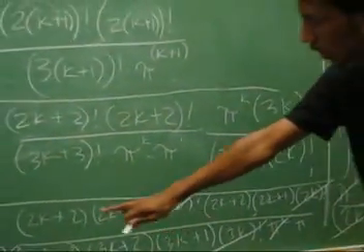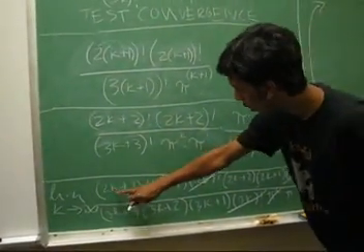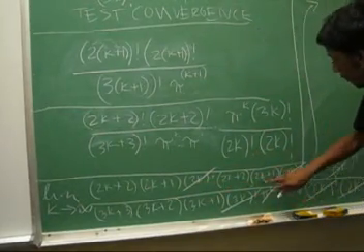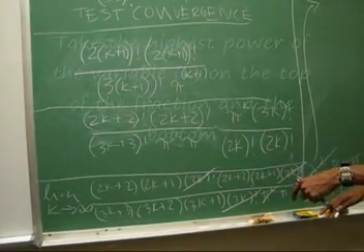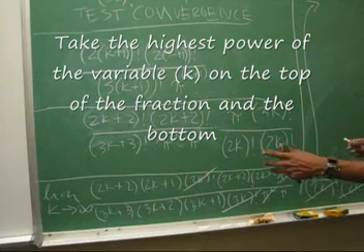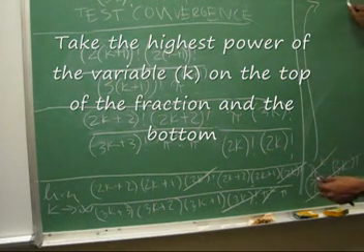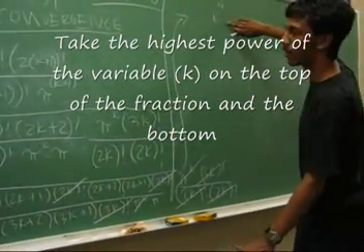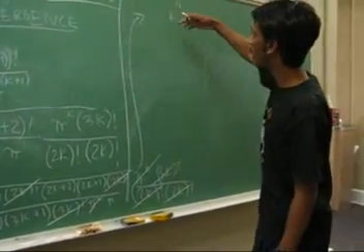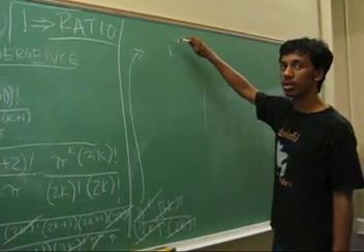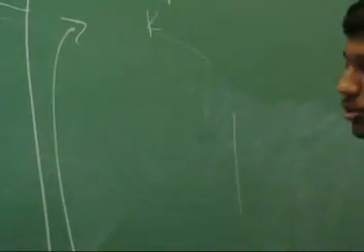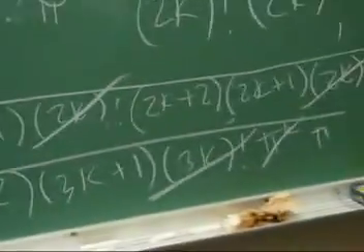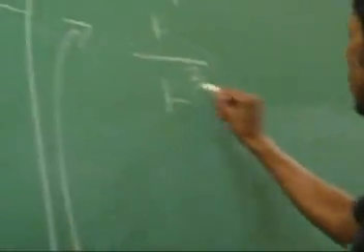Let's look at the k's: 1, 2, 3, 4. If you multiply all of them and factor it out, you will get k to the 4 at the top, and some constants and a lot of terms with a lower power, which doesn't matter because we only care about the higher one. Let's look at the bottom. We have 1, 2, 3, so it's going to be k to the 3.